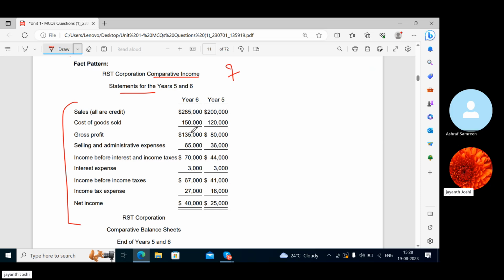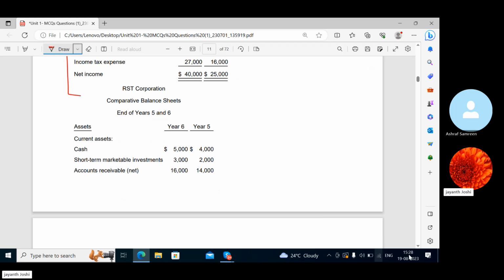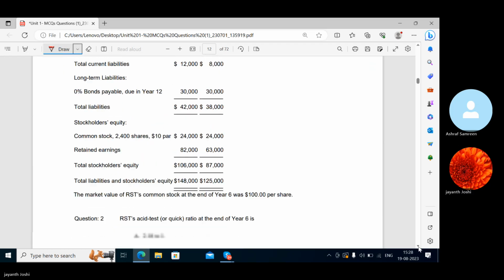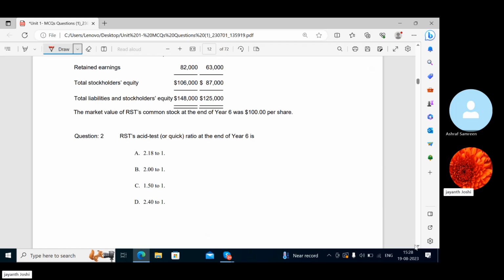Not a problem. So this is a particular income statement in front of you, and I have also explained how to make an income statement, right? And this is the balance sheet in front of you. The entire income statement and balance sheet is given.